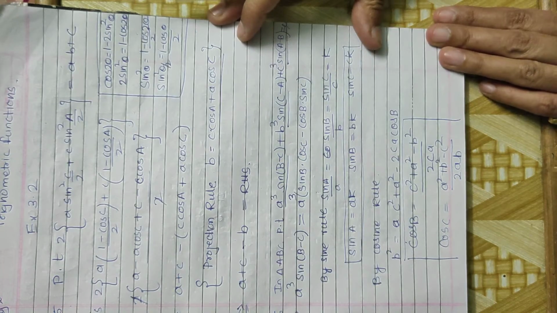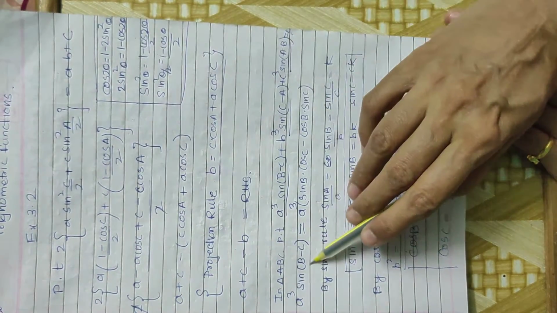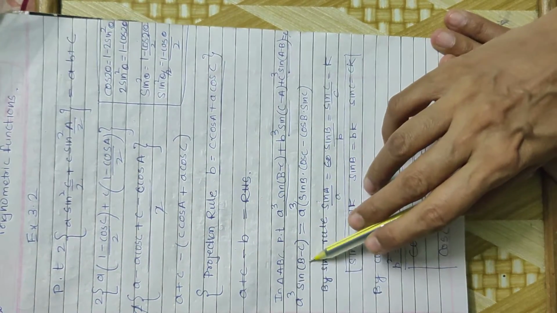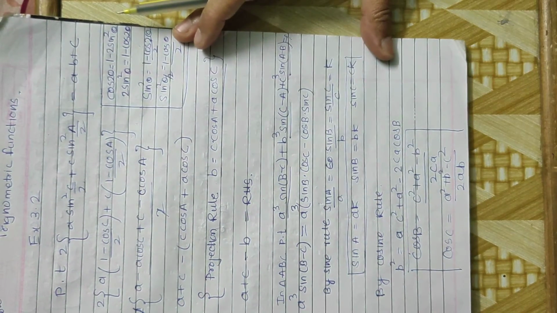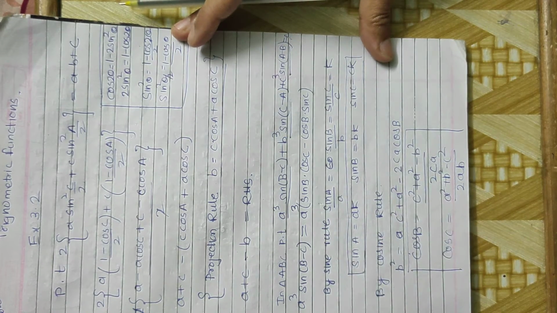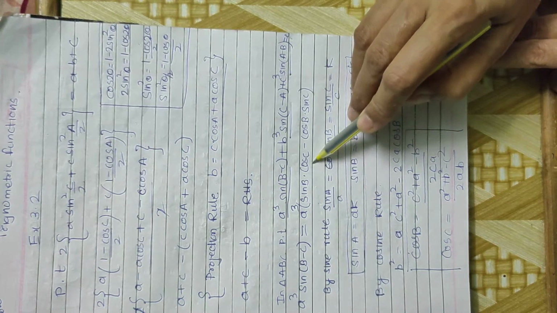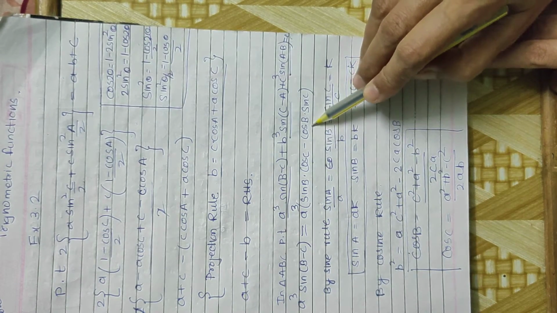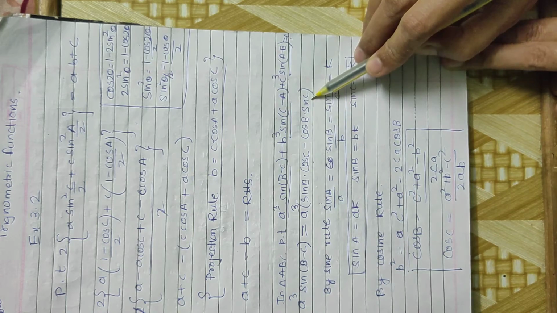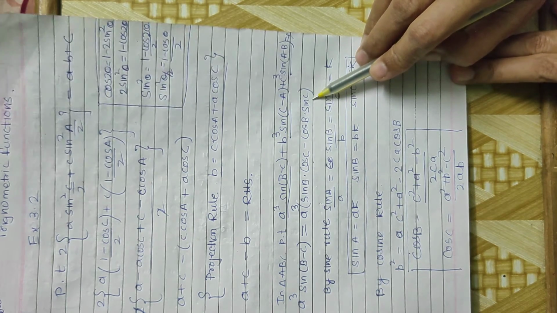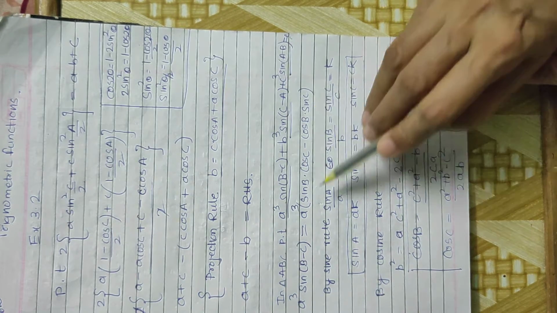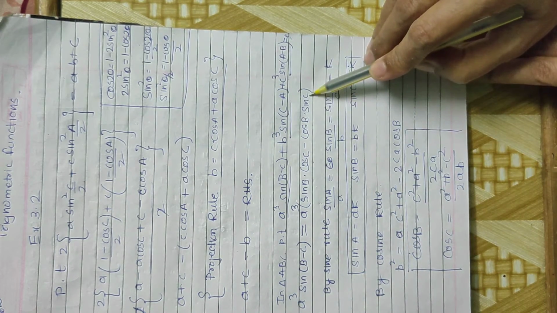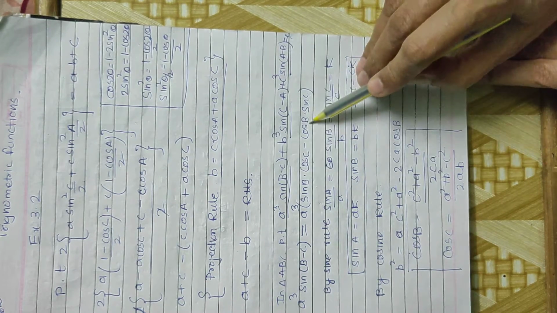First simplify this using the formula for sin(B minus C). a cube into sin B cos C minus cos B sin C. Next, where sines are there we will use the sine rule, and where cos is there we will use the cos rule.